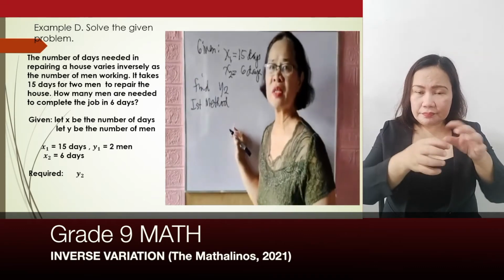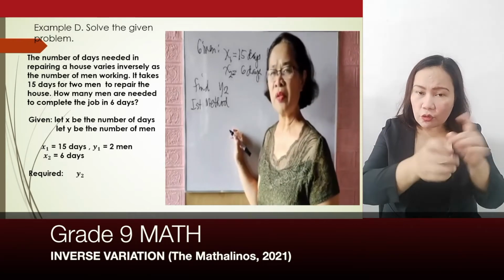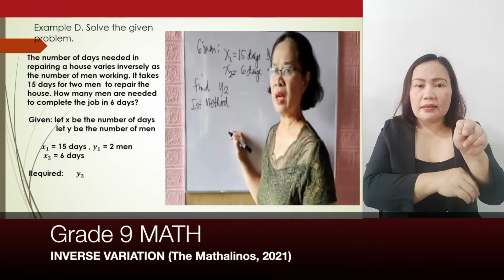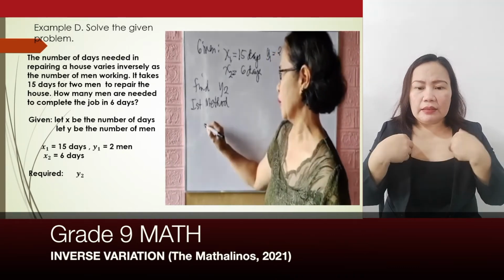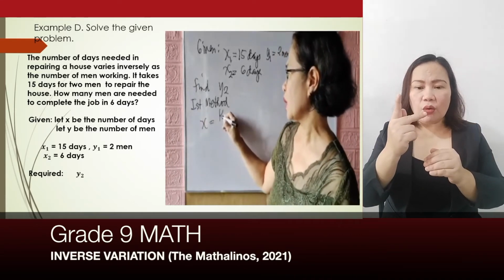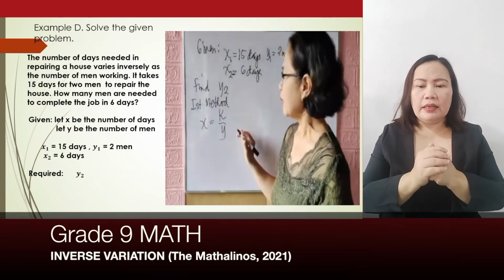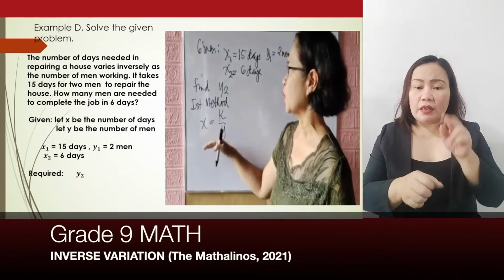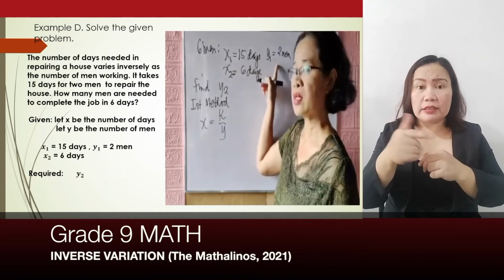Let us first translate the variation statement into a mathematical equation. The number of days needed varies inversely as the number of men working. So we have x is equal to k over y. Then let us solve for the constant. Using this equation, we substitute the given x sub 1 and y sub 1.